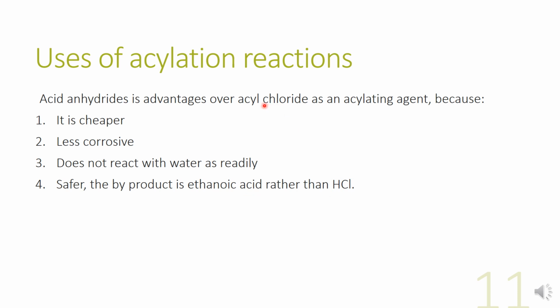If we use acyl chloride, our side product will be HCl, which means it is more corrosive. So the use of acid anhydride prevents that corrosion. And the fourth one is that it does not react with water as readily, since acid anhydride is somewhat less reactive than acyl chloride.